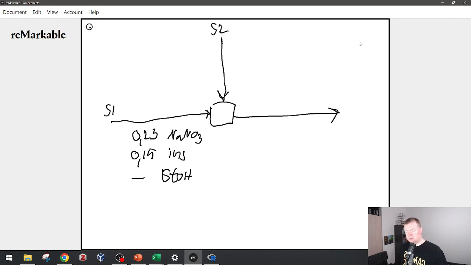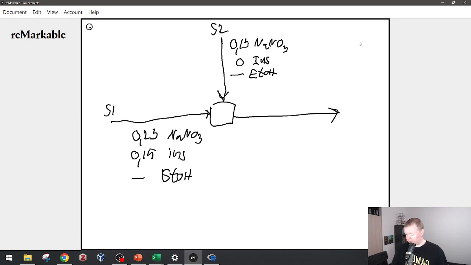For stream 2, I know that it contains 13% sodium nitrate, no insulin, and the balance of, again, not water, why do I want to keep saying water, of ethanol.